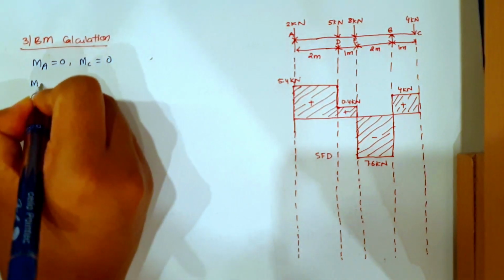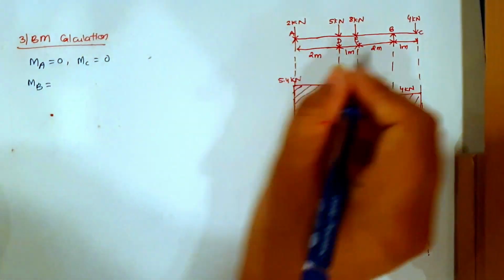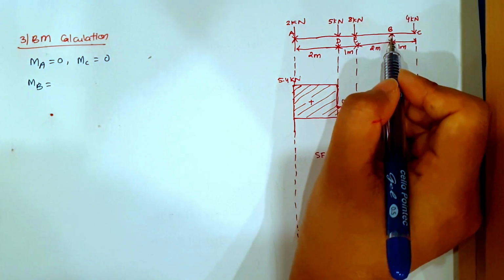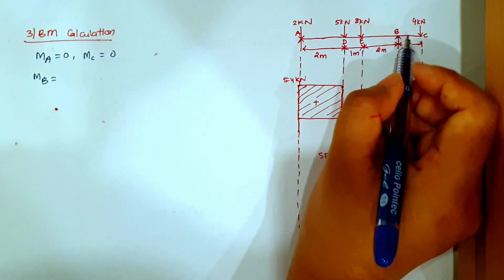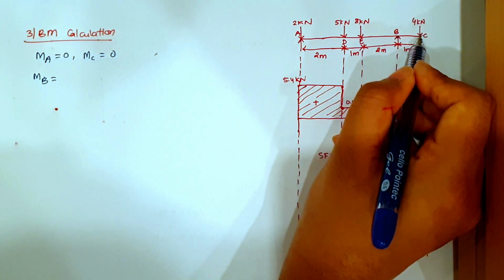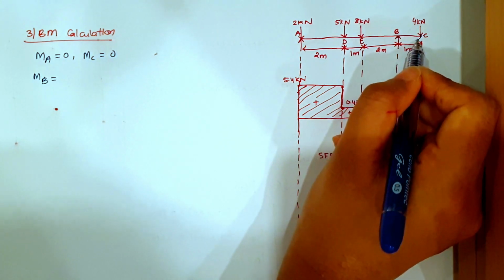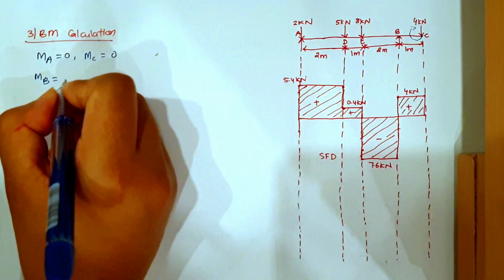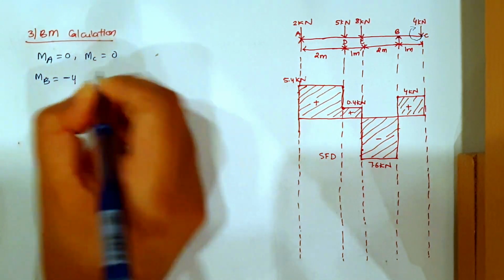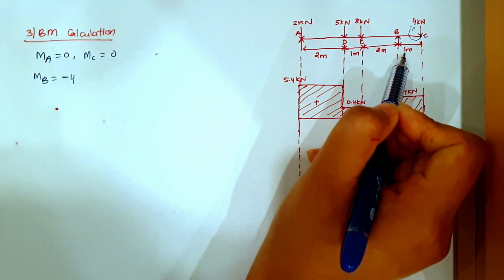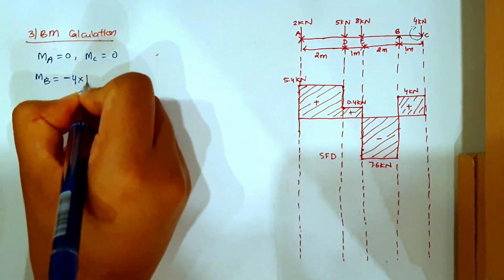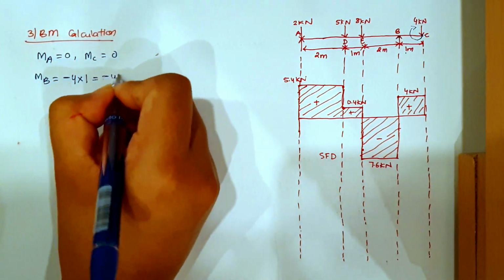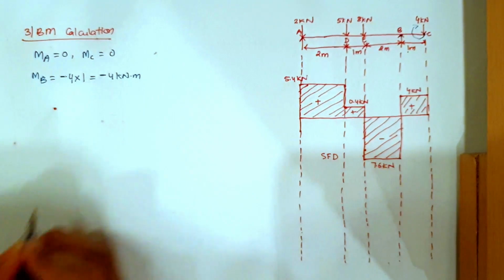So moment at B, I'll be calculating in a cantilever manner. This 4 kilonewton force will go in a clockwise direction towards B, and on a cantilever clockwise is minus. So minus 4, the distance from B to C is 1 meter, into 1. So this will become equal to minus 4 kilonewton meter.